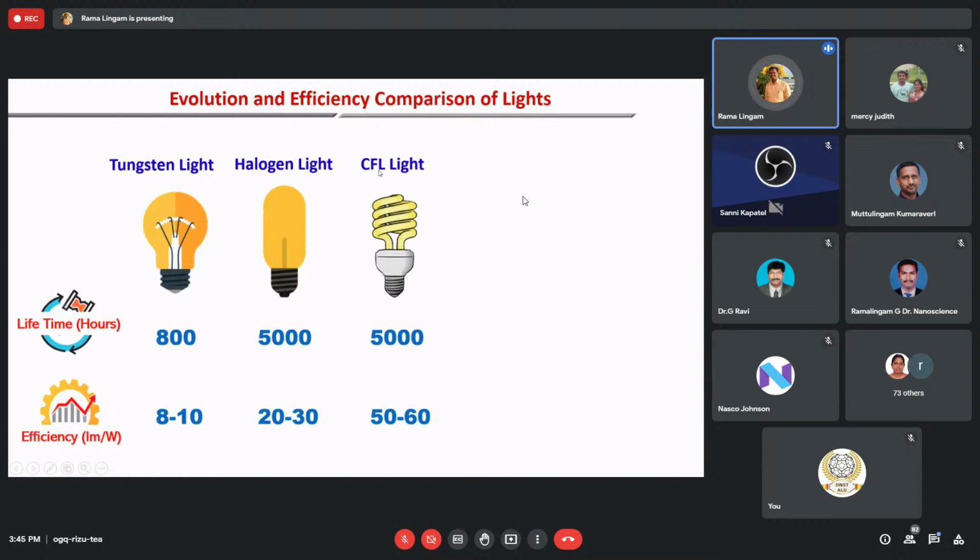And the CFL, compact fluorescent light, has a lifetime of 5,000 hours, and the efficiency ultimately increased to 50 to 60. So in the market the CFL bulb was very powerful, but the problem with the CFL bulb is that the chlorofluorocarbon is highly toxic in the environment.